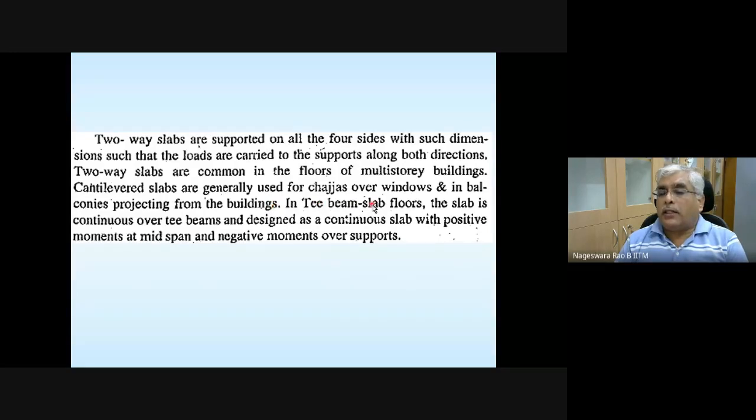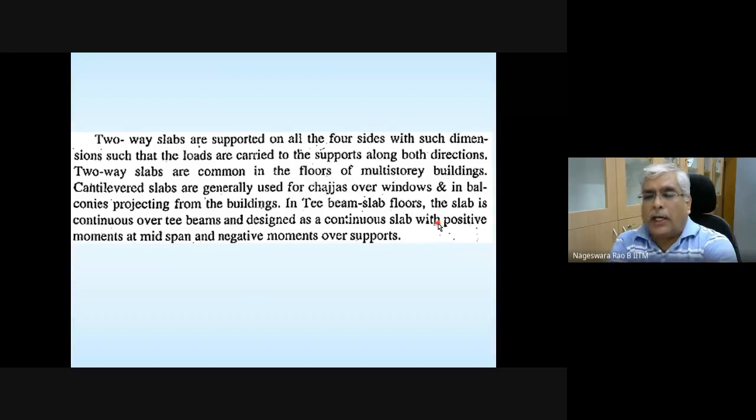T-beam slab floors. In T-beam slab floors, the slab is continuous over T-beams and designed as a continuous slab with positive moments at mid-span and negative moments over the supports. So this is for continuous slabs, okay?